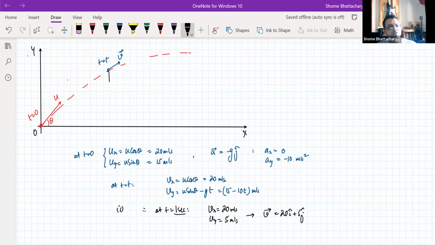And of course, the gravitational force acting on it is downwards like this. So the force we are talking about is this gravitational force. So the mass was 2 kgs this time. So it is minus 20 j cap in newtons. And this is the velocity in meters per second.